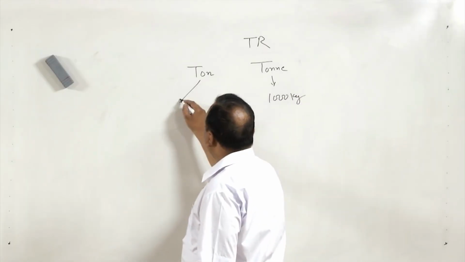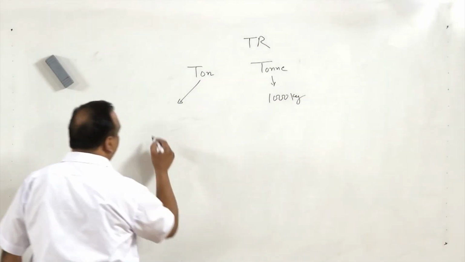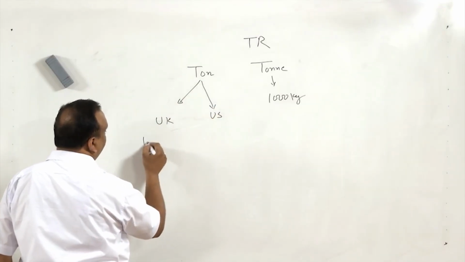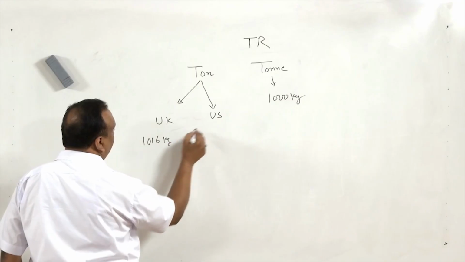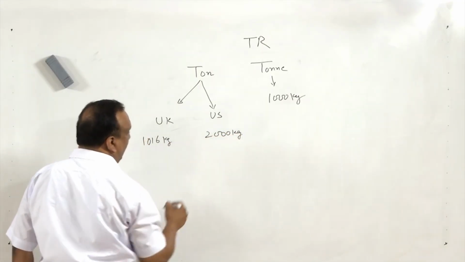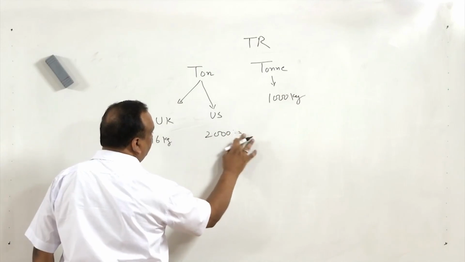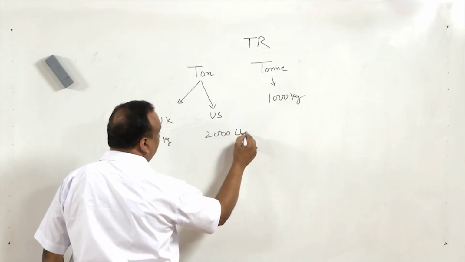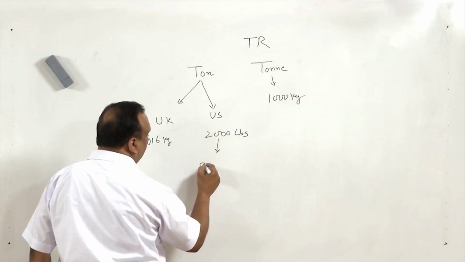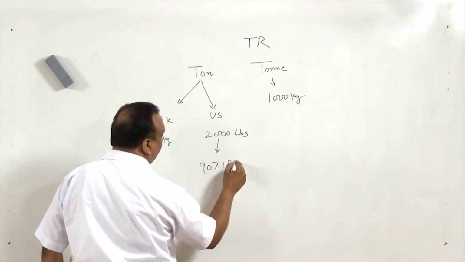Now this ton, it is UK ton and US ton. Now UK ton is 1016 kg, this is 2000 kg, and this is 2000 pounds, and these 2000 pounds, when it is converted to kgs, it comes around 907.185 kgs.